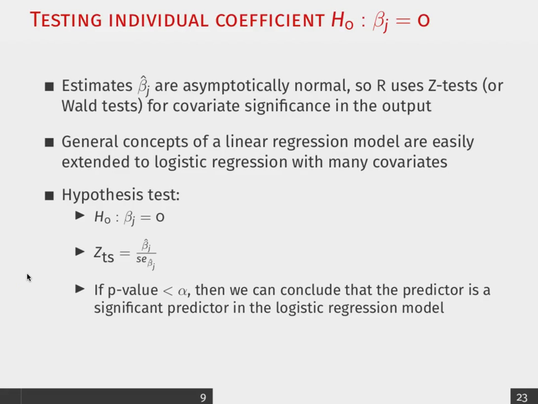So if we get a p-value that's less than our critical threshold, we're going to go with 0.05 like usual, then we can conclude that the predictor is a statistically reliable predictor of CHD in this instance, right? And we're going to calculate a confidence interval around our beta in the exact same way, where at the center we have our beta estimate, and that's plus our z statistic, right, multiplied by that standard error.